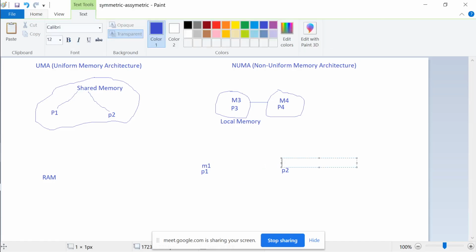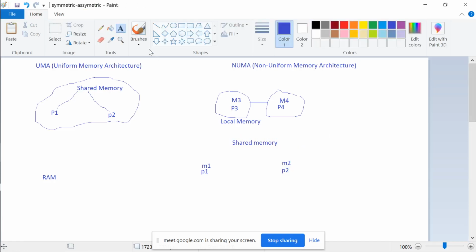You can have P2 with a local memory M2. And plus we have a shared memory. Nothing is stopping you from creating this kind of architecture inside your hardware. You can have a mix of NUMA plus UMA.